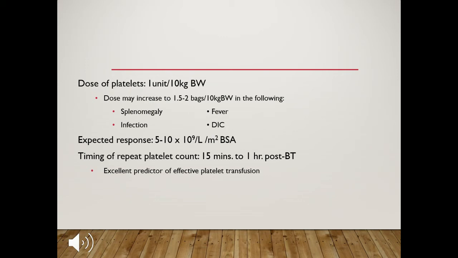When there's splenomegaly, because an enlarged spleen can sequester platelets. If there's infection, fever, and DIC, there's faster platelet destruction, so you need more platelets. So, pag ganon, sa 70 kilogram, pwede kang mag-transfuse as high as 14 units platelets.